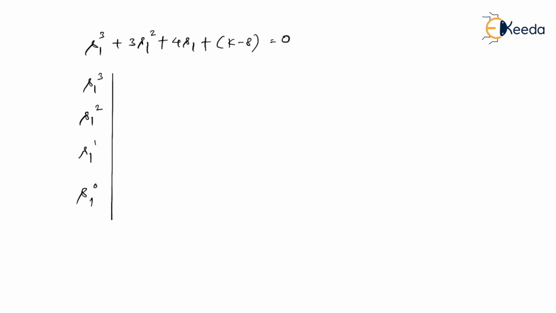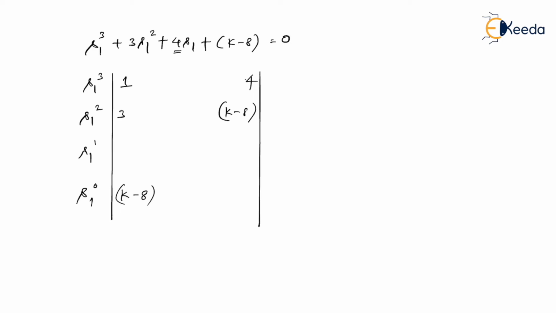Let us write the alternate coefficients, which is 1, then we have 4, and that's it. Then the remaining coefficients, let me write, that is 3 and k minus 8. And also we know that at s to the power 0, this k minus 8 term will only come.